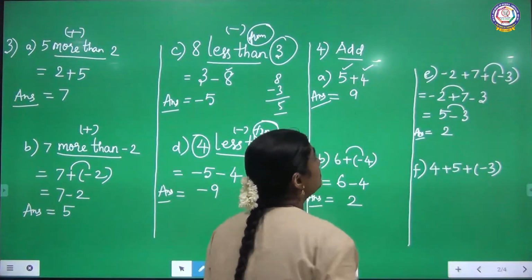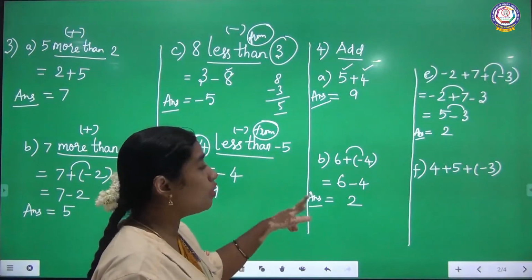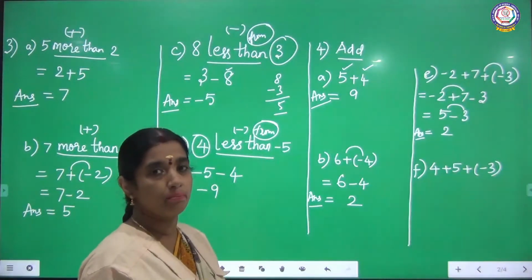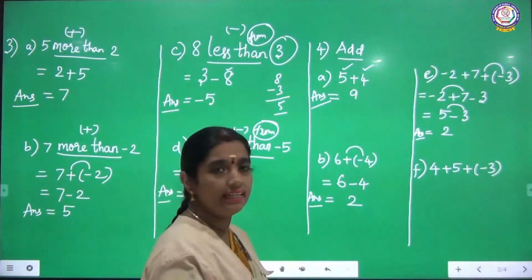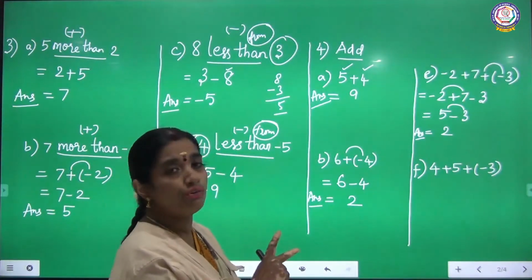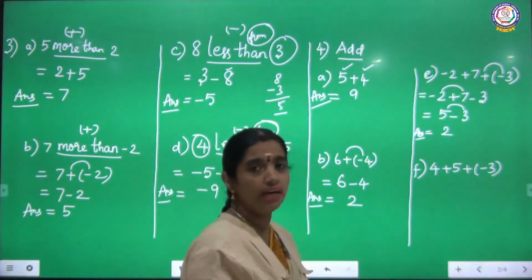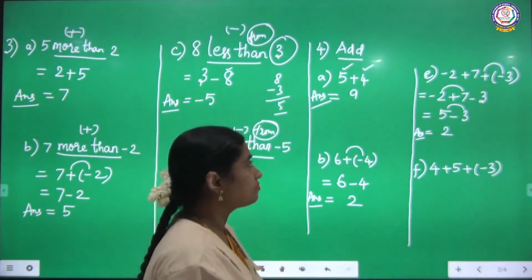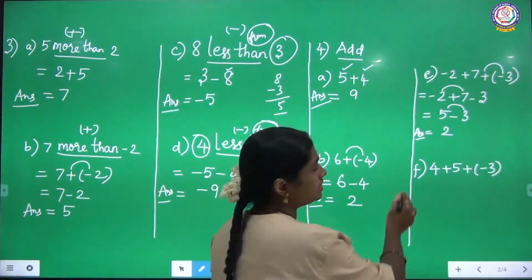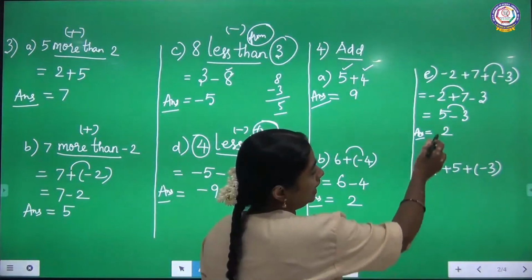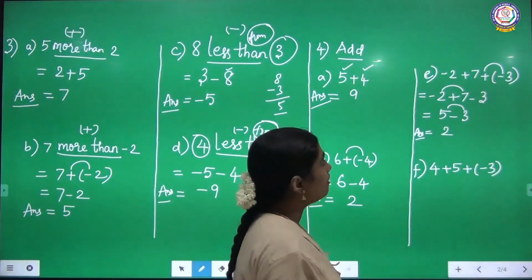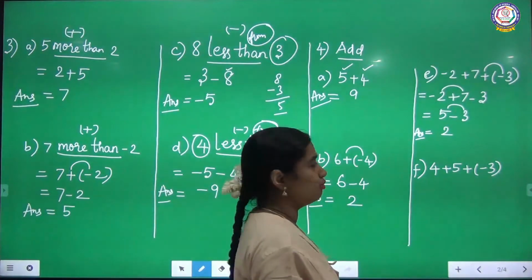The first step: see, in these sums there are only 2 integers that we can simplify. But here there are 3 integers. So first do the 2 integers and complete that, and move on to the third integer. Minus 2 plus 7 is what? 5. Again minus 3 is there. So 5 minus 3 is 2.